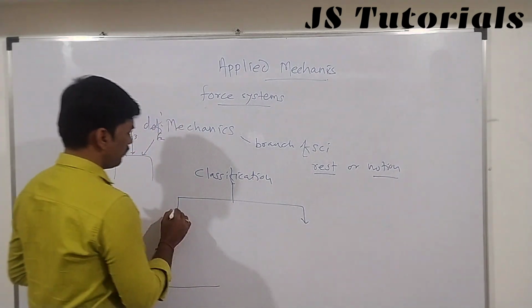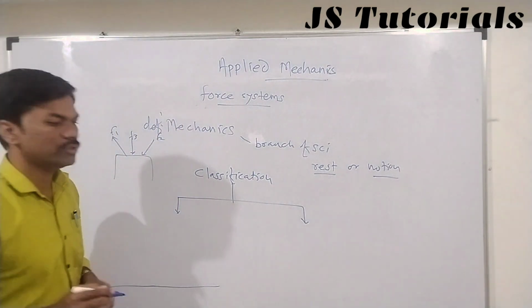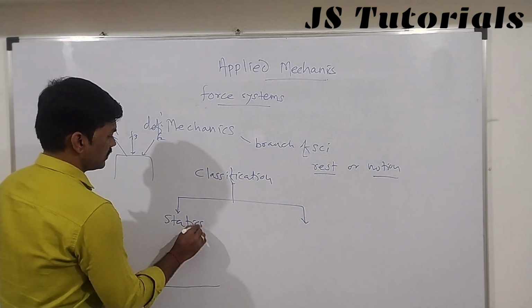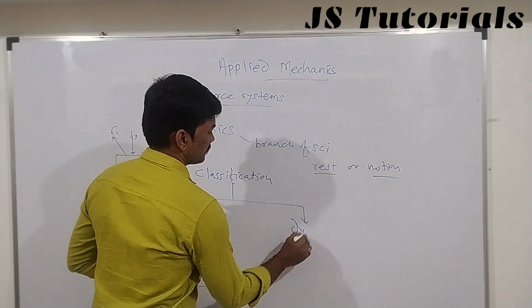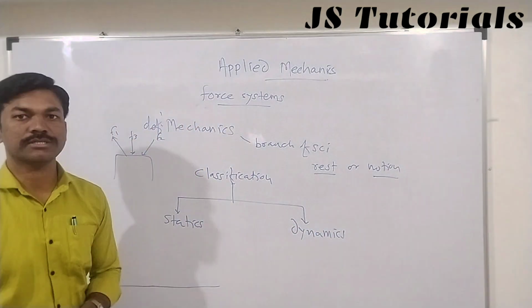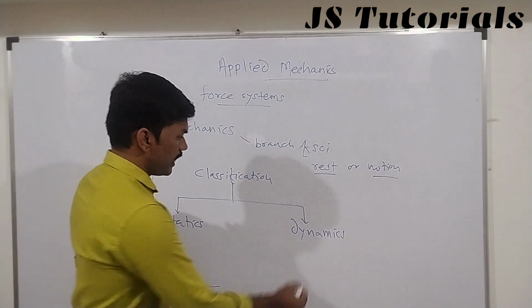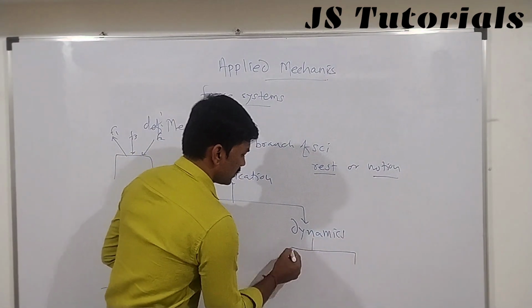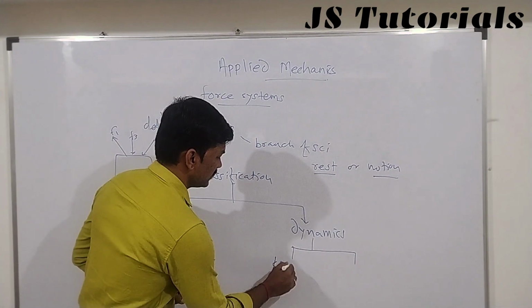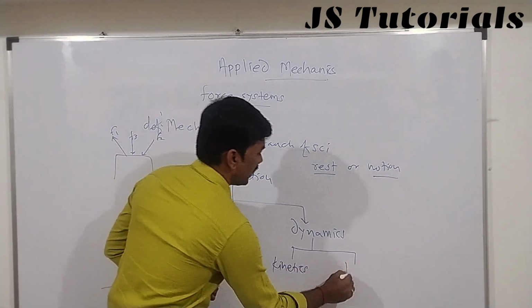Mechanics is broadly classified into two main types, that is statics and dynamics. Dynamics is again classified into two main types, that is kinetics and kinematics.